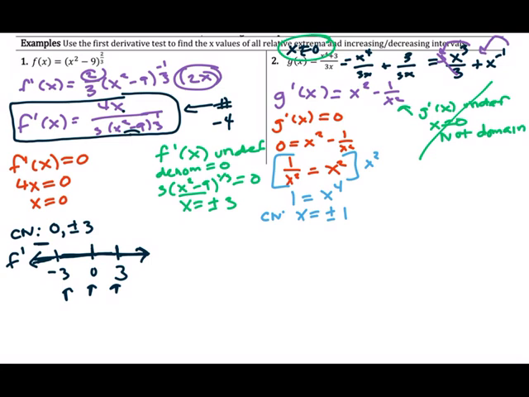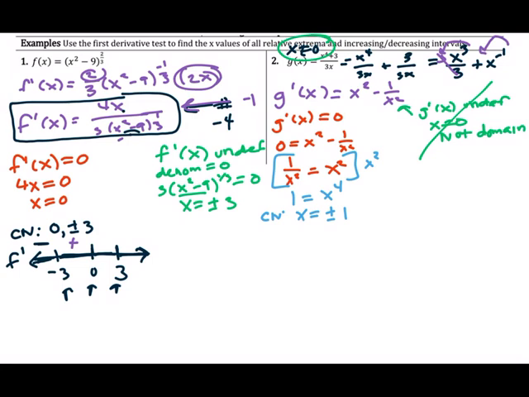I'm going to pick a friendly number to plug into this same equation between 0 and -3. So I'm going to think about -1. If I plug -1 in, the numerator is negative, but so is the denominator. -1 squared minus 9 is going to be a negative number. If I have a negative in both the numerator and the denominator, I have a positive number. Same thing with the interval from 0 to 3.